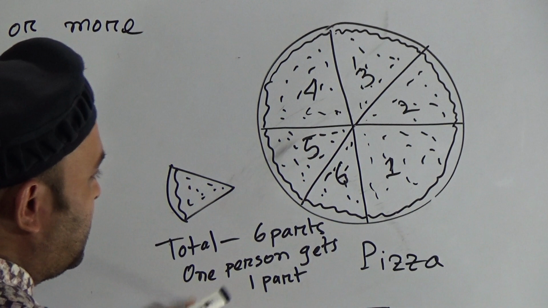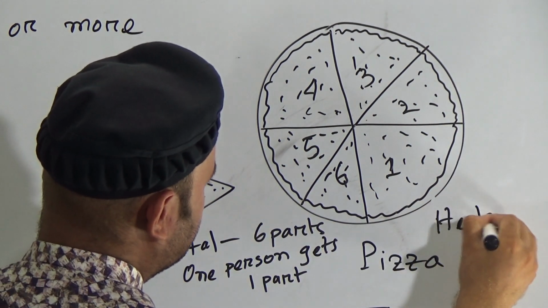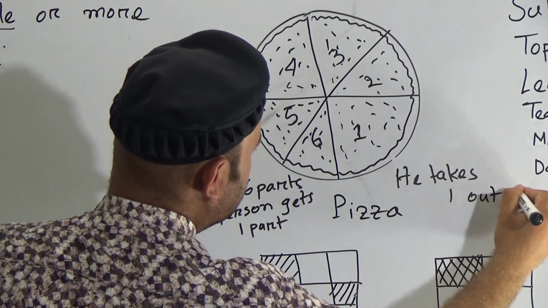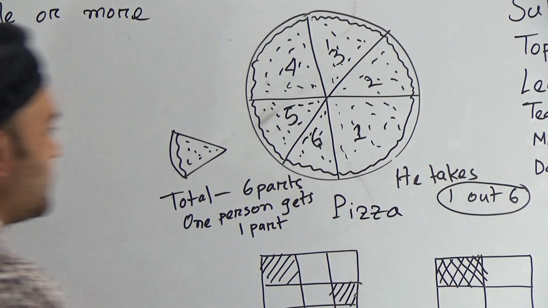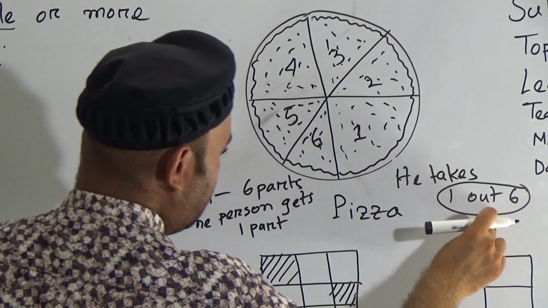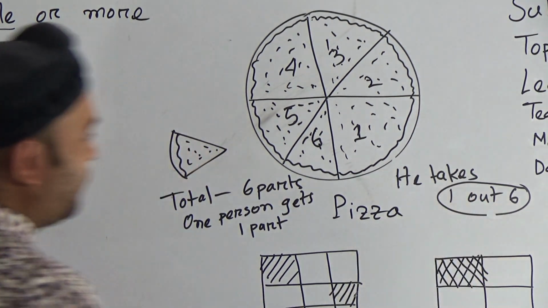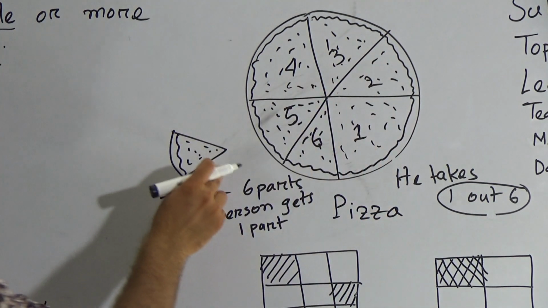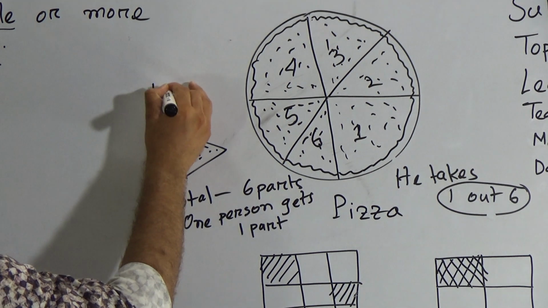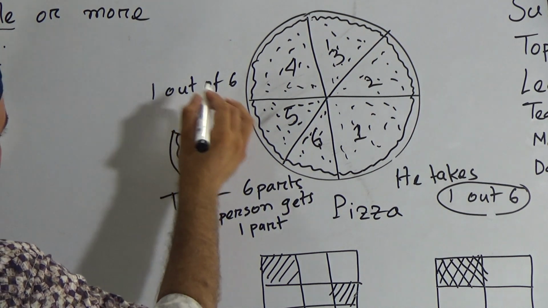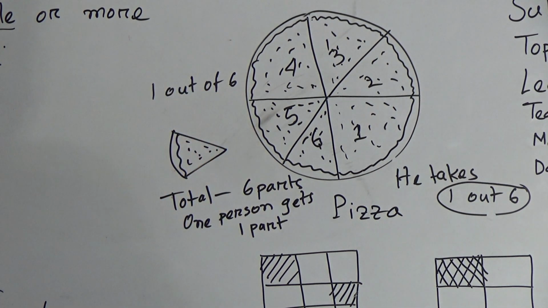Then we can write he takes 1 out of 6. That means there is a part, and this is called a fraction, an example of a fraction. So here is 1 part of 6 parts. So this is the definition of fraction and the example of a fraction.